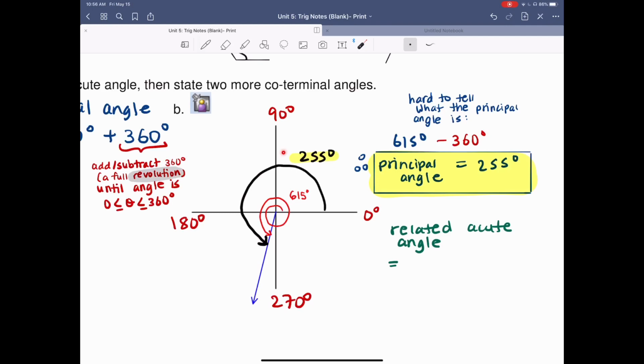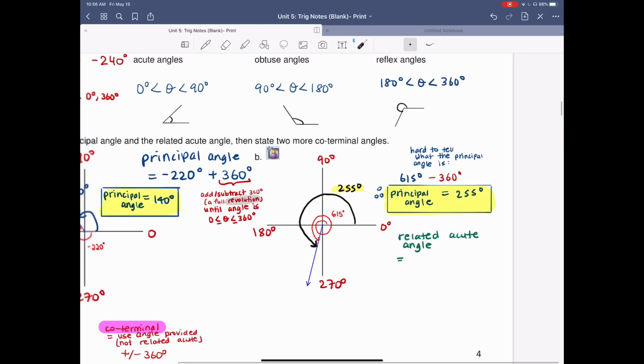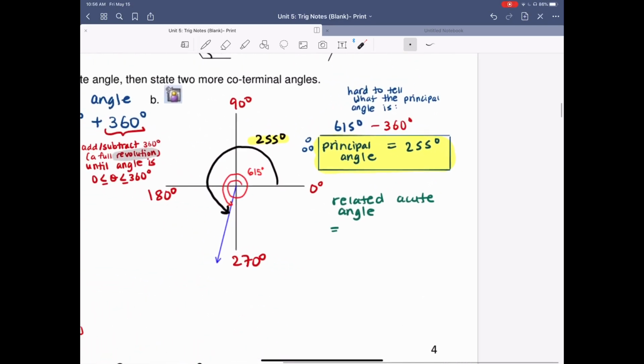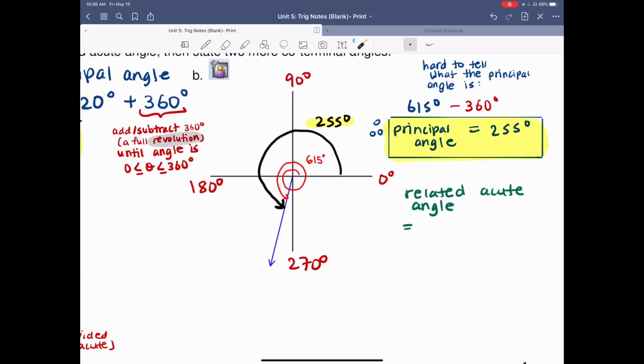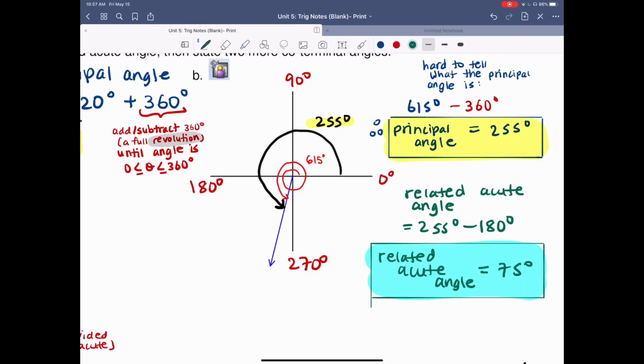So I'm going to do 255 minus 180, not 180 minus 255, because that way I would get a negative related acute angle, and related acute angle should always be positive. And so I'm going to write 255 degrees minus 180 degrees is equal to 75 degrees. And therefore, on my drawing, that is my related acute angle.